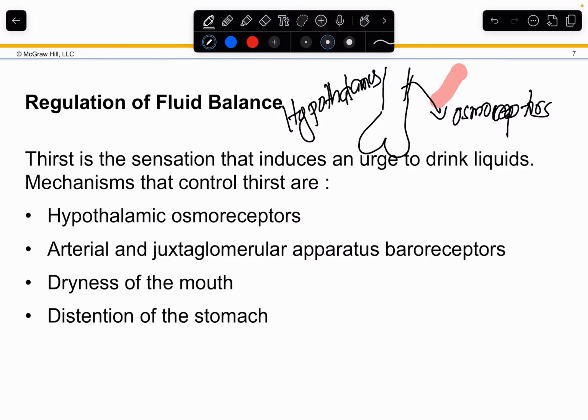These receptors detect changes in blood concentration. When the blood becomes more concentrated, that means a lot of solutes inside, you become more thirsty. So when you are thirsty, what happens? You drink more water. Also release ADH.